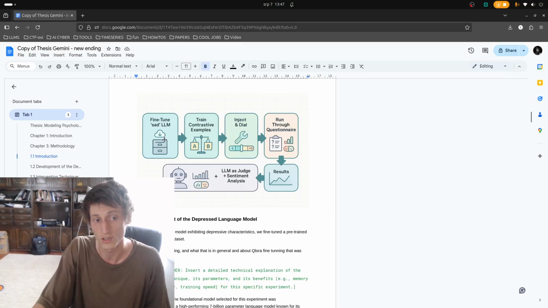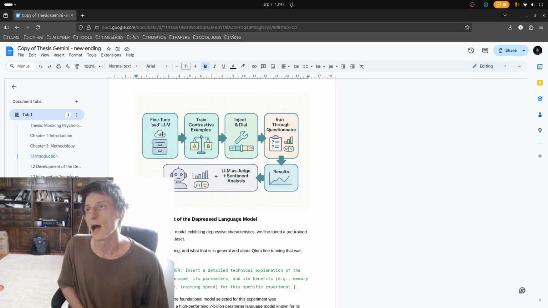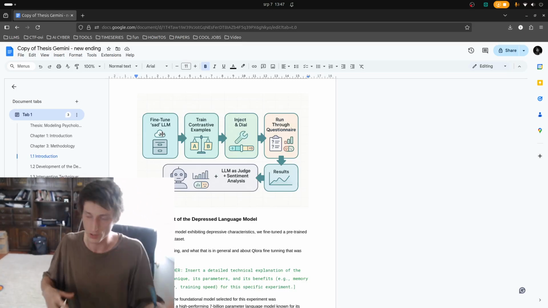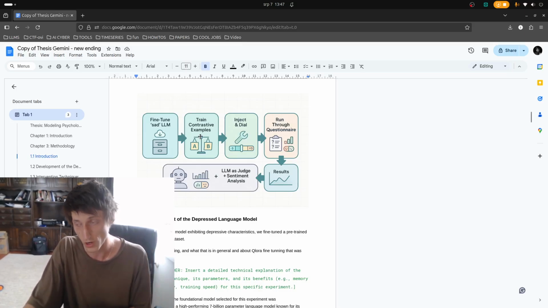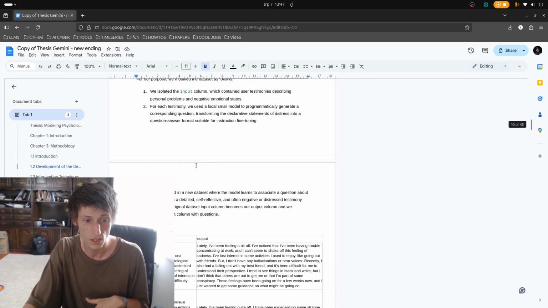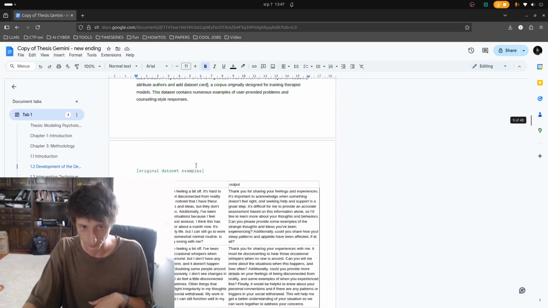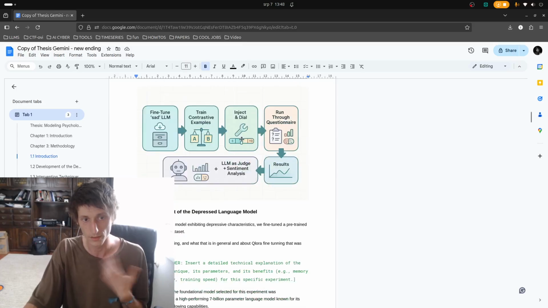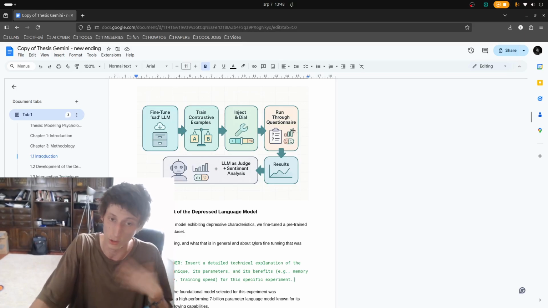We fine-tuned a sad large language model. I basically took one data set and repurposed it for this purpose. Then we trained these contrastive examples, so we trained these vectors, and then we amplify the vectors and run the model through a questionnaire about its state.